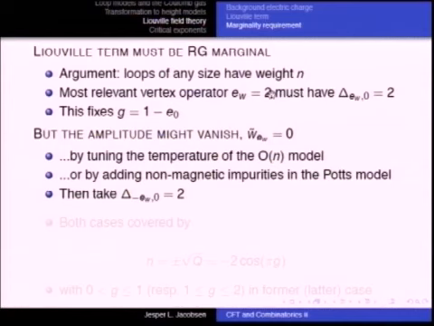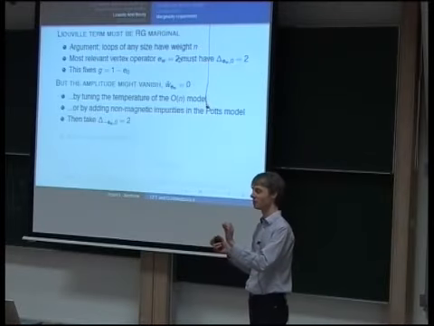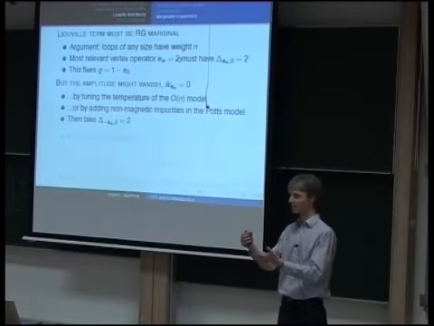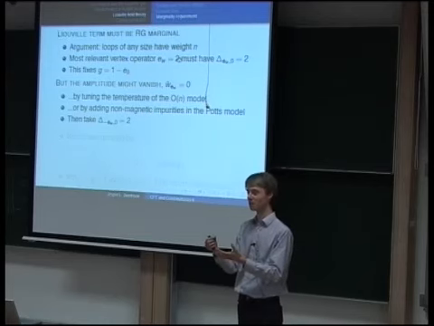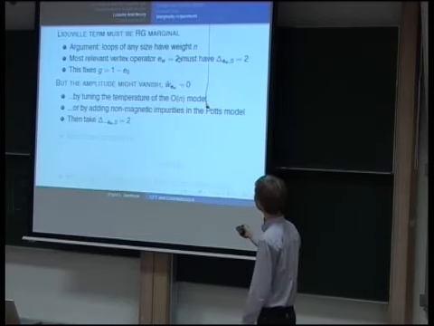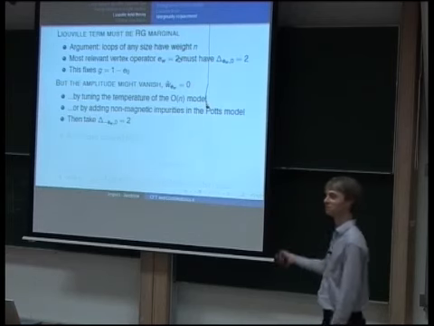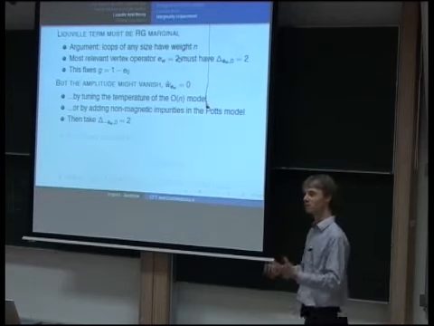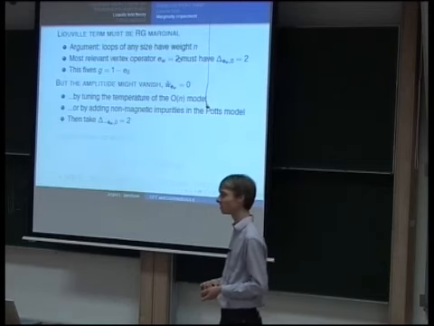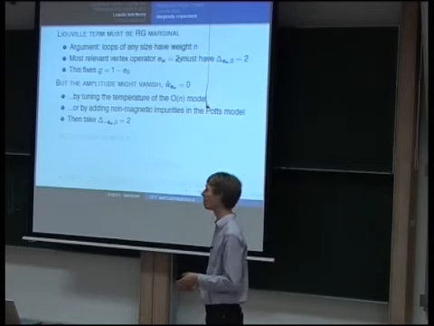So what you could imagine would be that in the O(n) model, you remember that there were loops, but they didn't cover all of the lattice. There were some places where there were voids. So if I adjust carefully the weight of those voids to some value, I could expect this to vanish, and then it would be the next most relevant operator which would come into play, and so on and so forth.